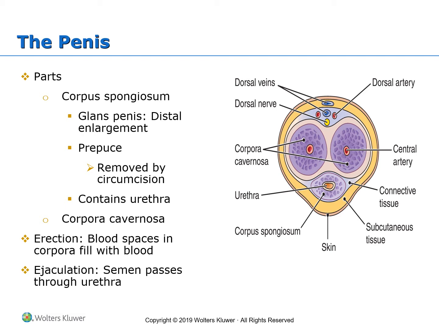At the distal end of the penis, the corpus spongiosum enlarges to form the glans penis. This usually is covered with a loose fold of skin, the prepuce, popularly called the foreskin. This part can be removed in a procedure that is called circumcision.